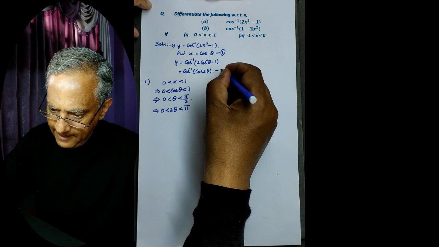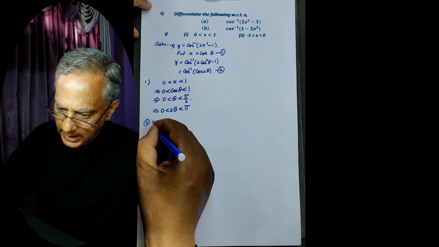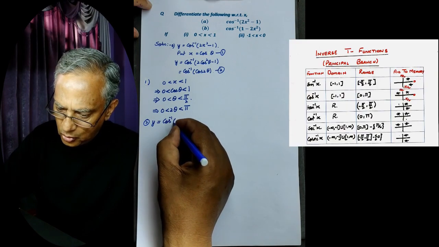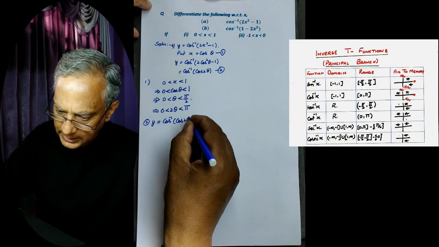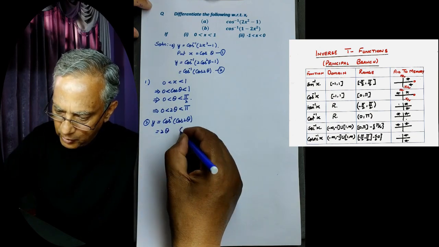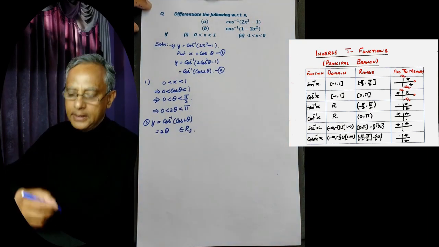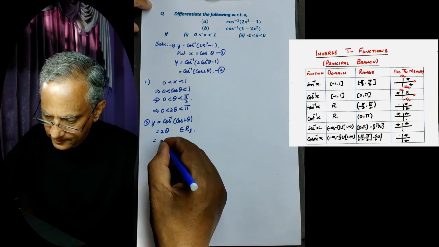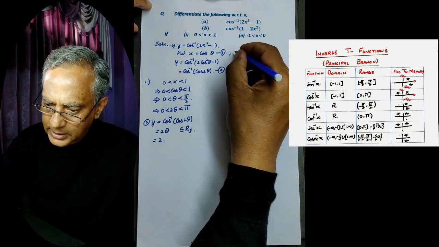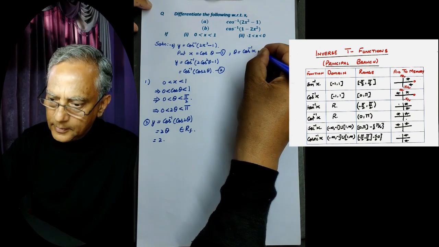So we can say y is equal to cos inverse cos of 2 theta, which is equal to 2 theta, as it belongs to the range of the function. Now x is cos theta, therefore theta must be equal to cos inverse x.